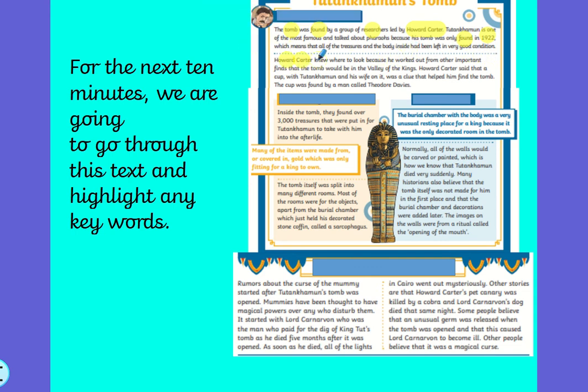Okay, Howard Carter, there's Howard Carter again, who worked out the tomb would be in the Valley of Kings. That's important, isn't it? He said that a cup with Tutankhamun and his wife on it was a clue to find in the tomb, and the cup was found by Theodore Davis. Okay, so that's an example of how you would have highlighted the text.